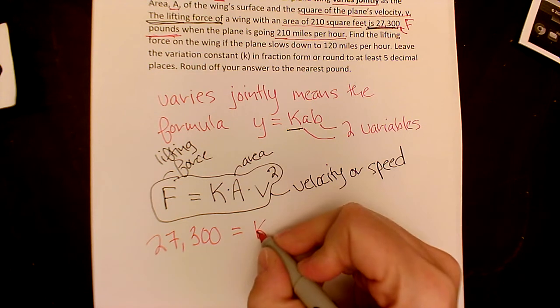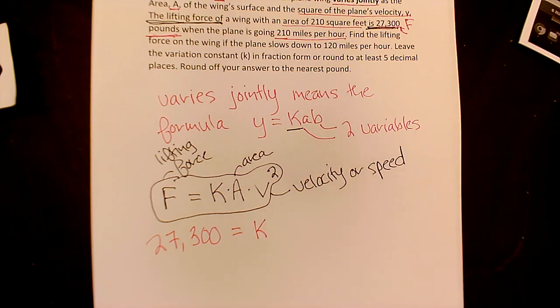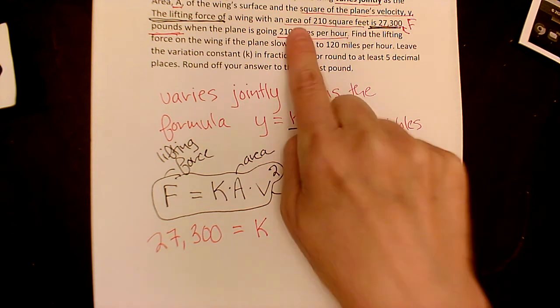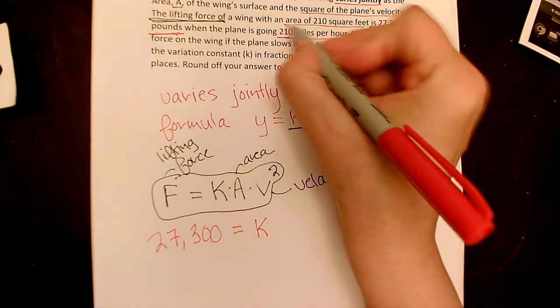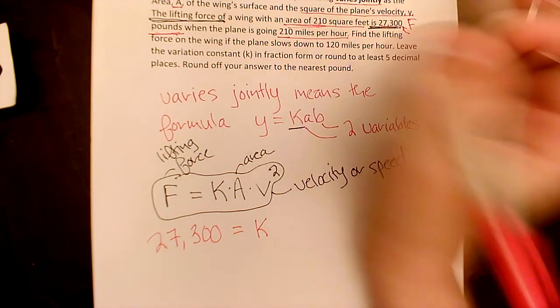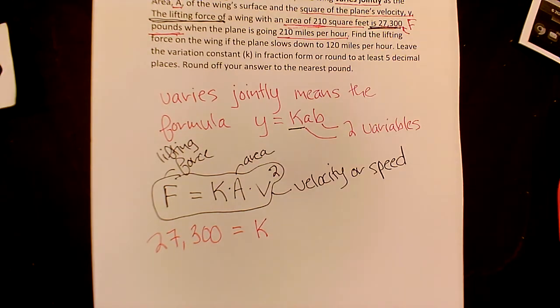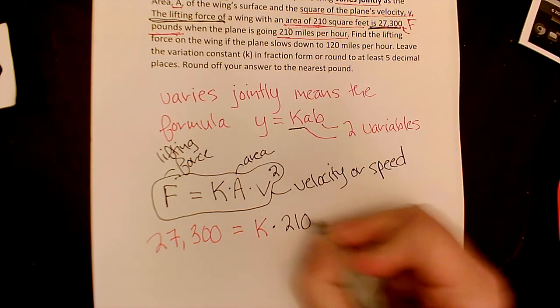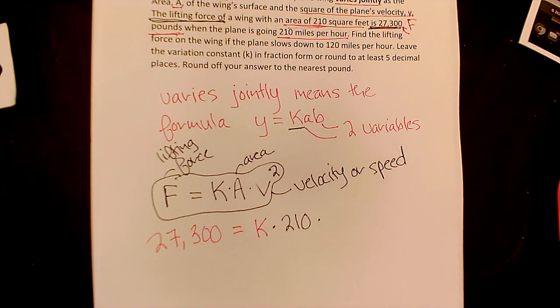K, we don't know. We have to find K. Let's look for the area. Here it is, with an area of 210 square feet. So I'm replacing A with 210.